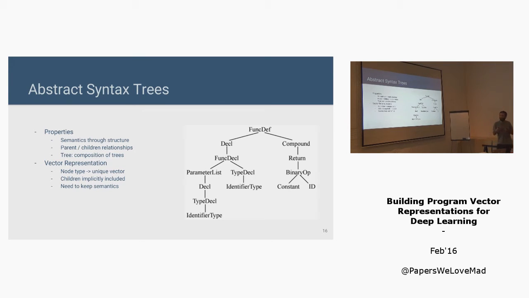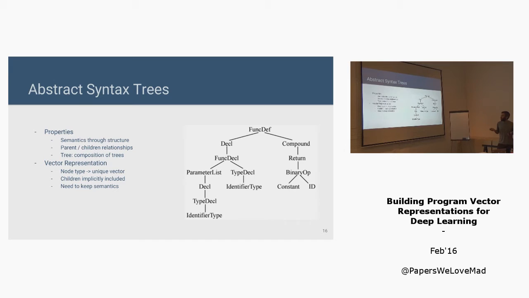It's made of trees, and you can take one tree and put it under another and compose different levels of significance by combining different elements into a hierarchy. So at the end, we are looking for a vector representation that, for each node type, for instance, the function declaration, we need a unique vector that represents all the function declarations.